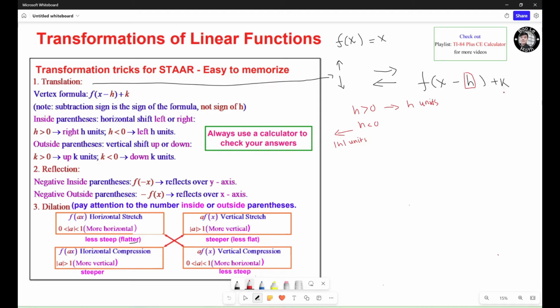The value of k right here, if positive, the graph moves up k units. If the value of k is less than 0, the graph moves down absolute value of k units.